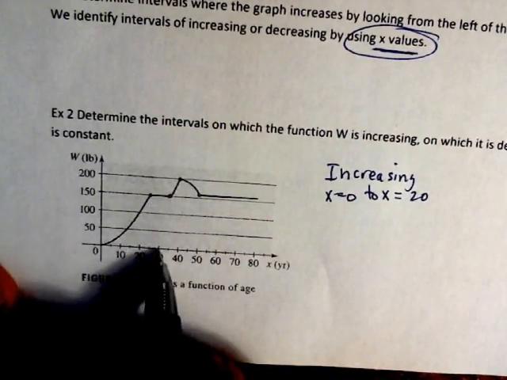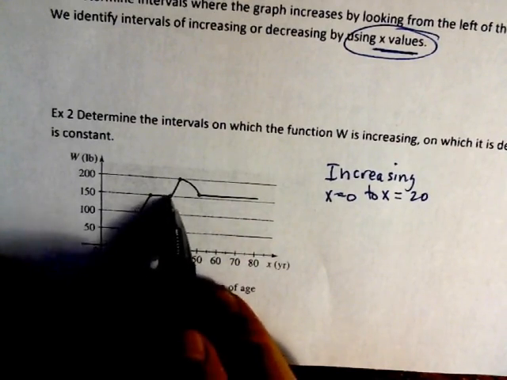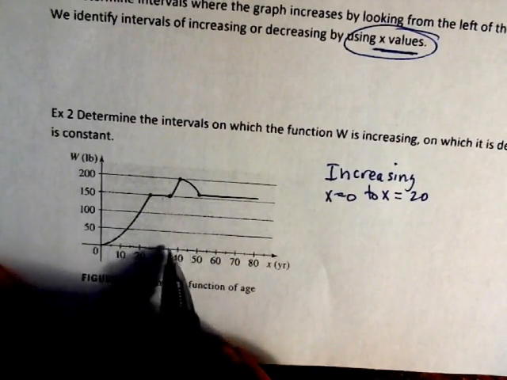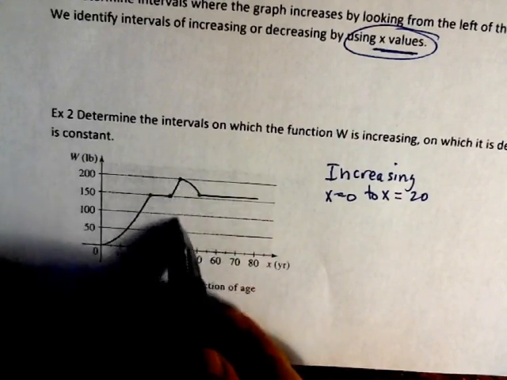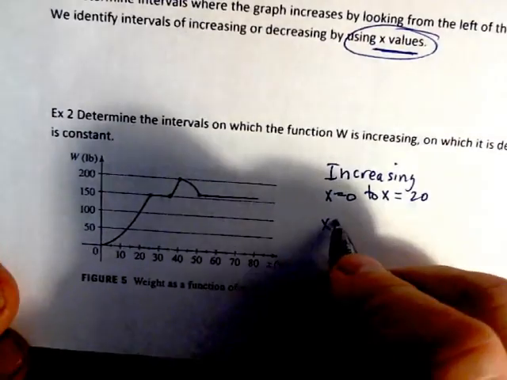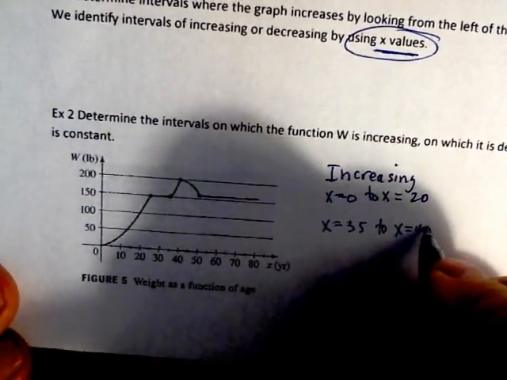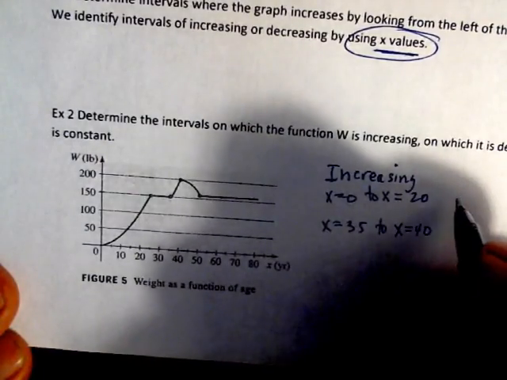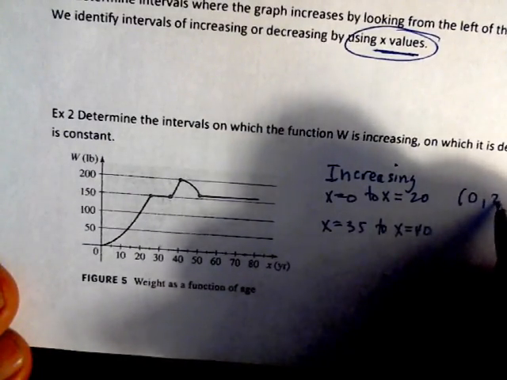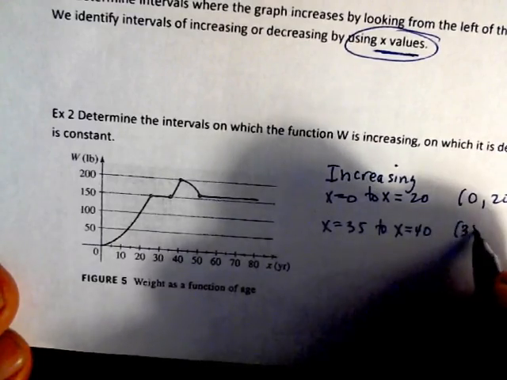It's also increasing from, looks like here, about x is 35 to x is 40. Now, remember, we can always write this using interval notation.